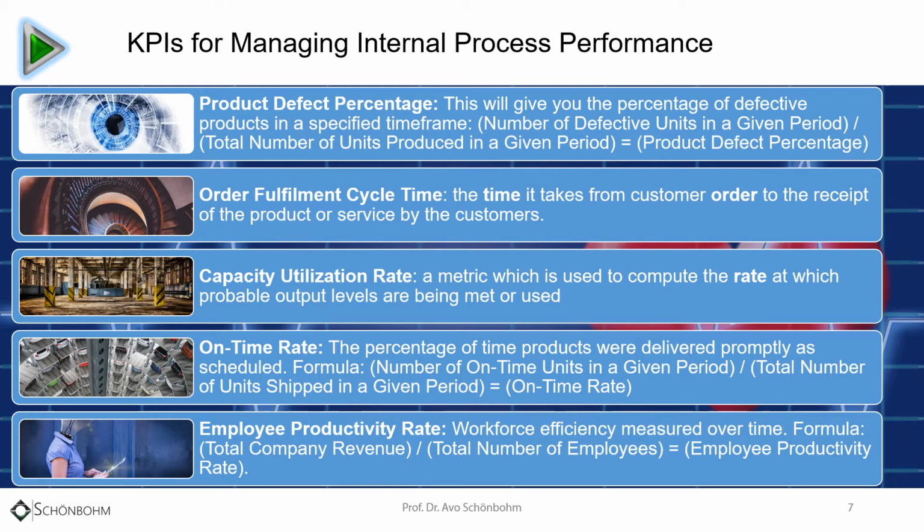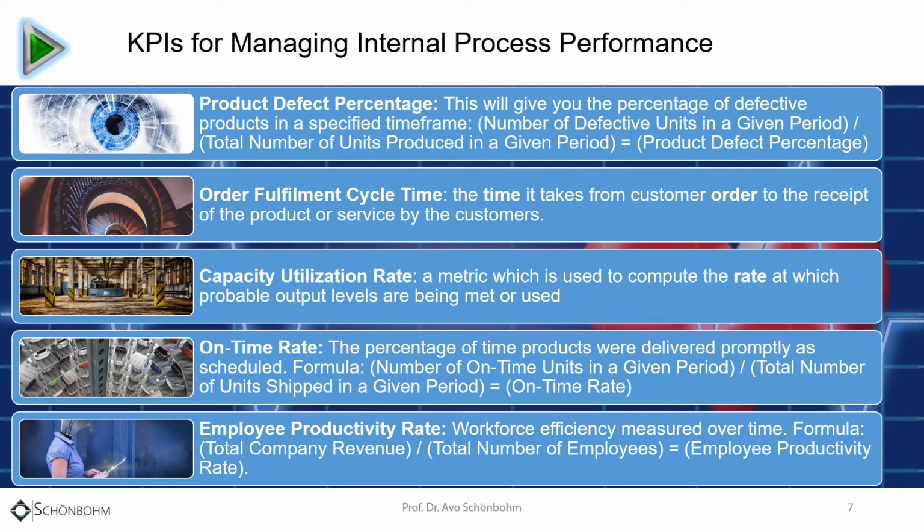And finally here, number 5, the employee productivity rate. It's defined by the workforce efficiency, and it's measured over time. The formula is we take the total company revenue divided by the total number of employees, and we get the employee productivity rate.